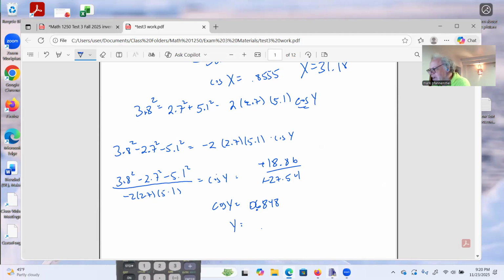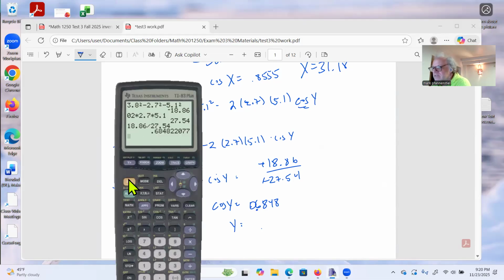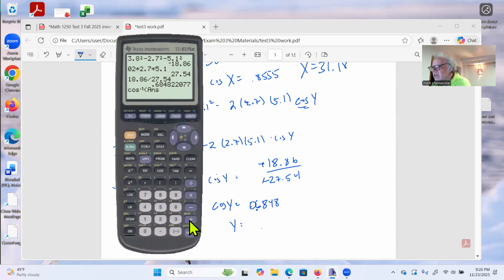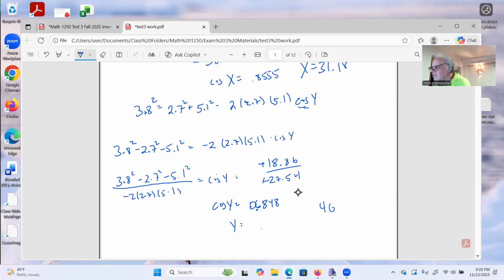We'll use the calculator for that: second function cosine. There it is, and now we get our answer. That's 46.78 degrees.